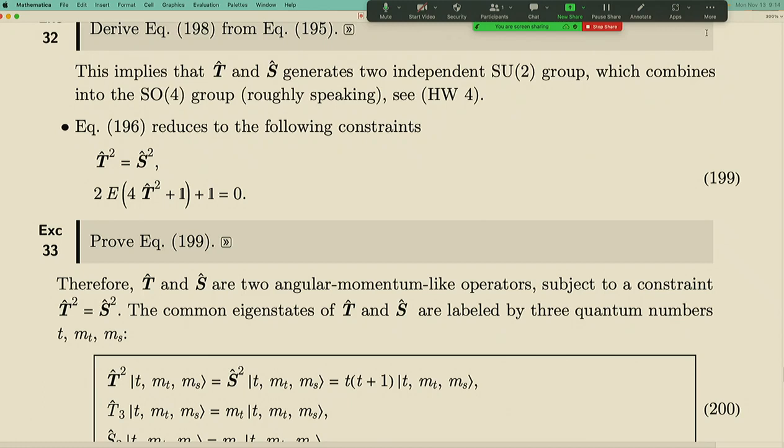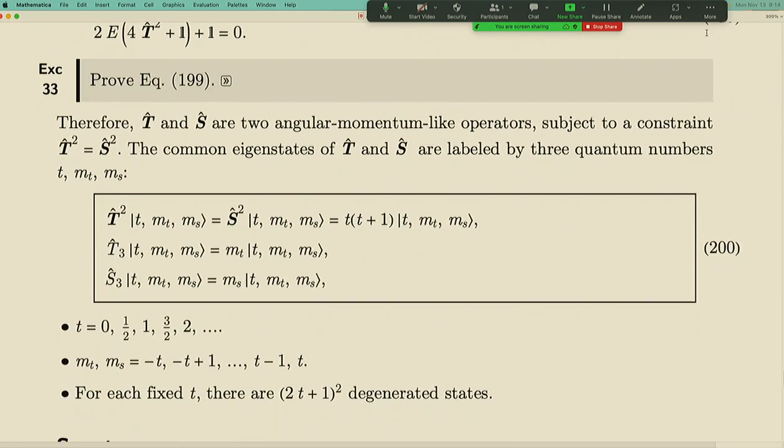Now, given that T and S are 2 angular momentum-like operators subject to a constraint T squared equals S squared, we can write down the common eigenstates of these operators, labeled by quantum numbers.